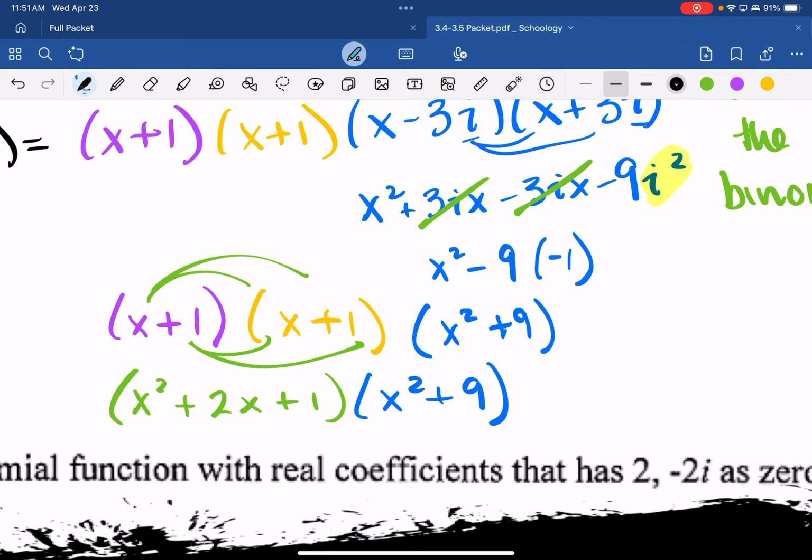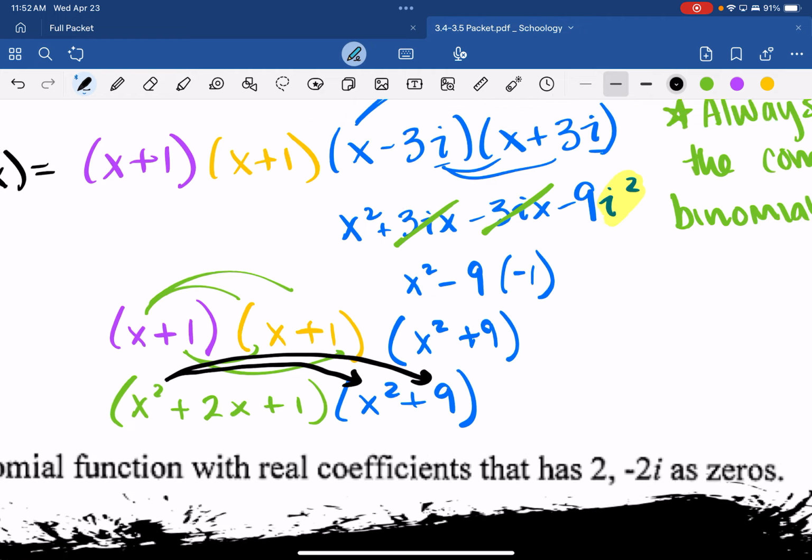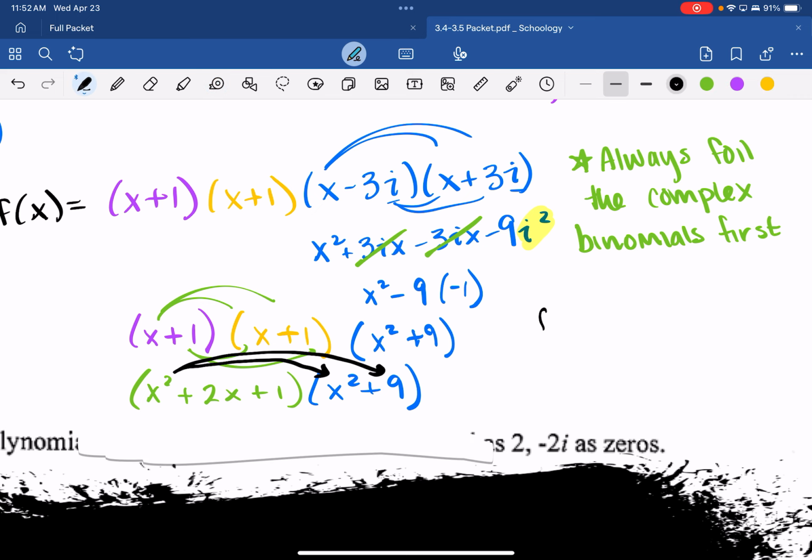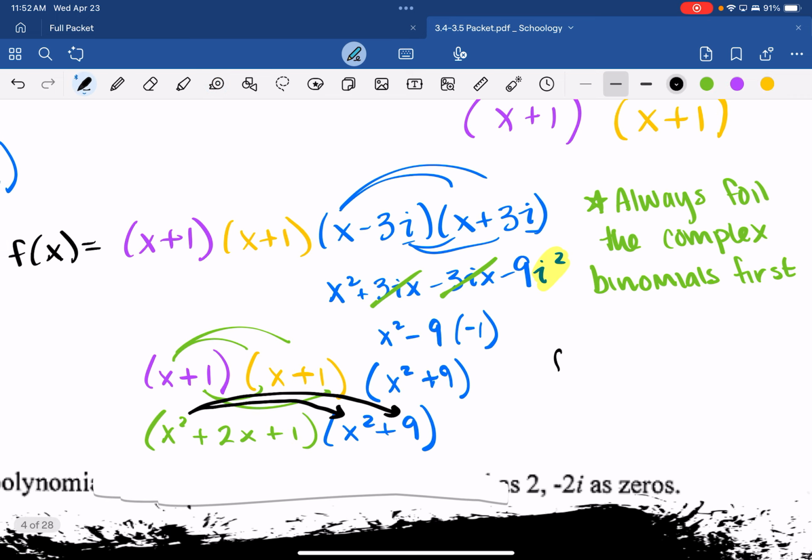And then my last step, I'm going to FOIL this trinomial with the binomial, which just remember, we're just going to give each of these terms to both inside. So I've got x squared times x squared. I'm going to come over here a little bit. Need to make some more room for myself. Okay. So now I'm FOILing this out. So I've got x to the 4th, because x squared times x squared is x to the 4th.